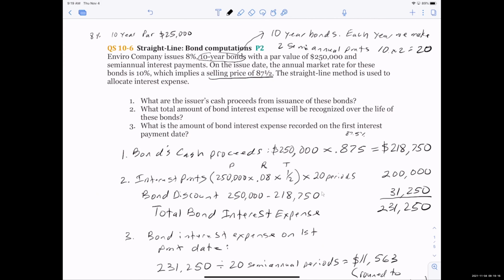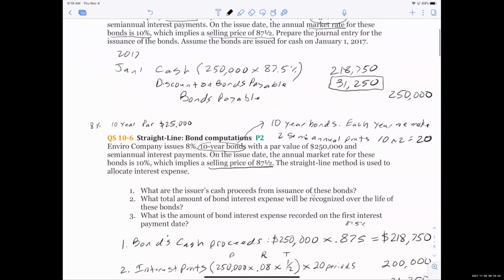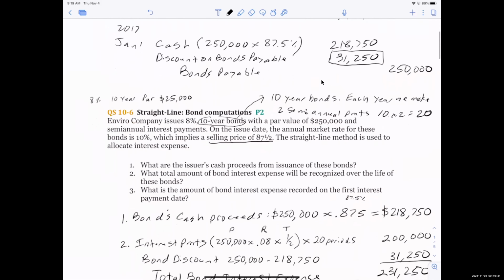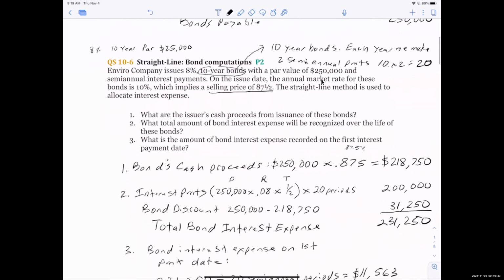Well, that means that we didn't receive all the money, but yet we owe it all at the end, right? So, like I was showing you here, we received 218, but we're going to have to pay back 250. So there's 31,000 that we never received that we have to pay back. We have to add that to the interest cost, right? It's another borrowing cost.